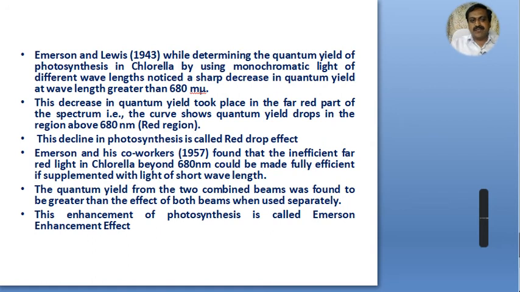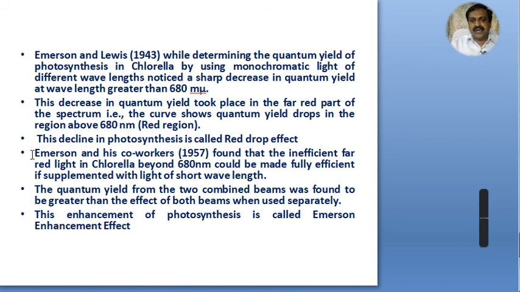The same graph which was in the previous slide is explained here. Emerson and Lewis, while determining the quantum yield of photosynthesis in Chlorella using monochromatic light of different wavelengths, noticed a sharp decline in the quantum yield at 680 nanometers. This decrease in quantum yield is what is called a red drop.